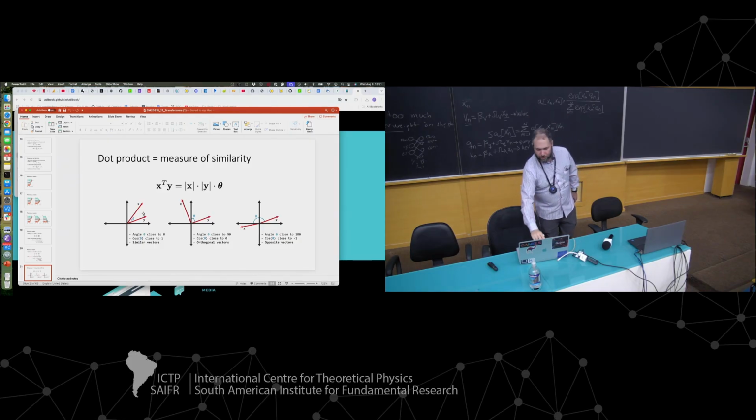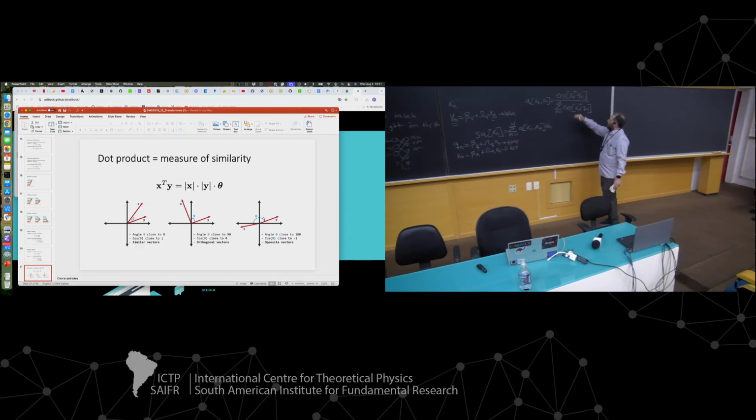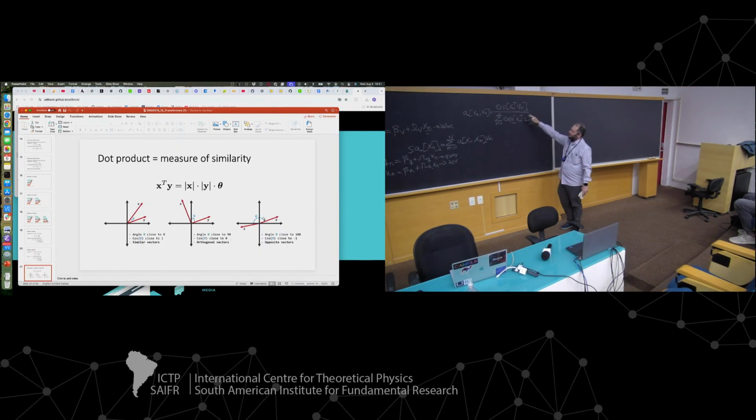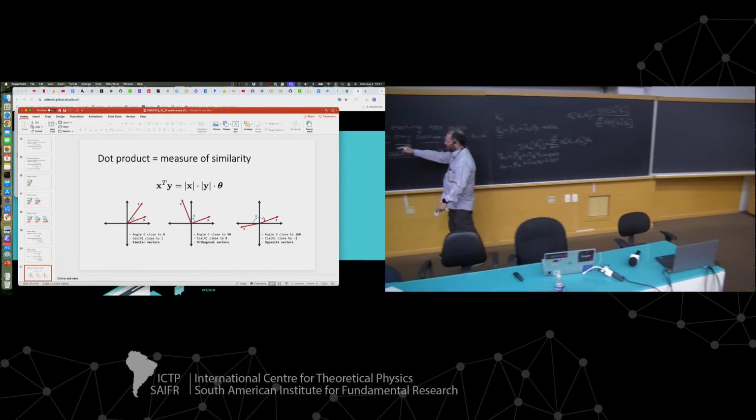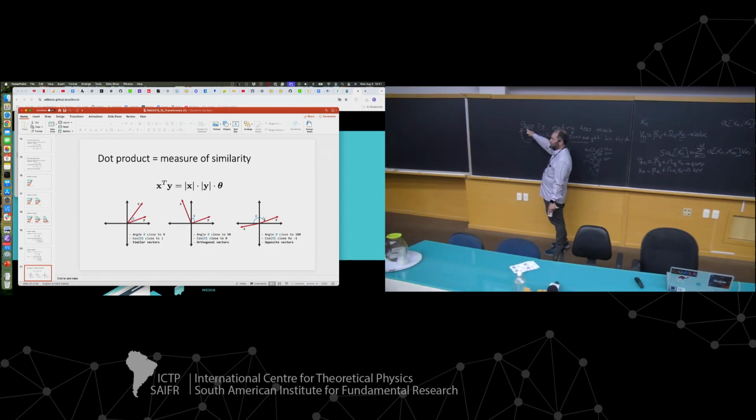If, for instance, the angle between these two vectors is like 90 degrees, this thing is going to be 0. And if the angle is very large, it's going to be even negative. So if this number is, let's say, large, let's say it's 1, it means that the attention between this word and this word is going to be large.